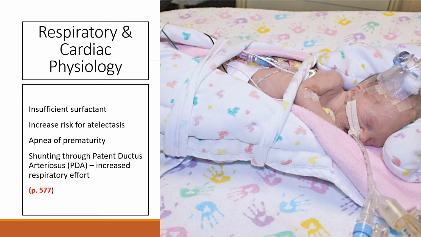The baby that you see pictured here is intubated with an endotracheal tube, which you can see right here on the image. They also have peripheral IV access and a peripheral line here. This is probably going to be a peripherally inserted central catheter in this area, and you can see that coming down here. They are keeping the baby positioned for developmental growth and keeping the baby flexed the way that they would have been in utero.